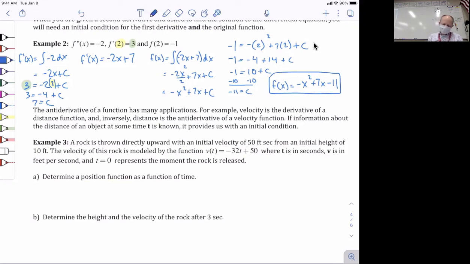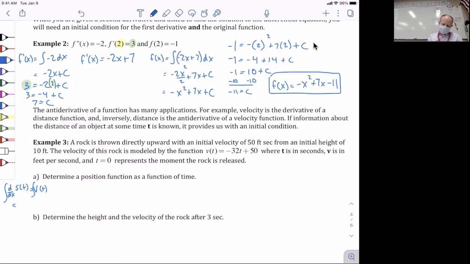Okay? So just remember, if you have a position function and you take the derivative of that position function, it gives you the velocity. Okay. Well, in this example, we have the velocity and are asked to find that position. So what we have to do is integrate.